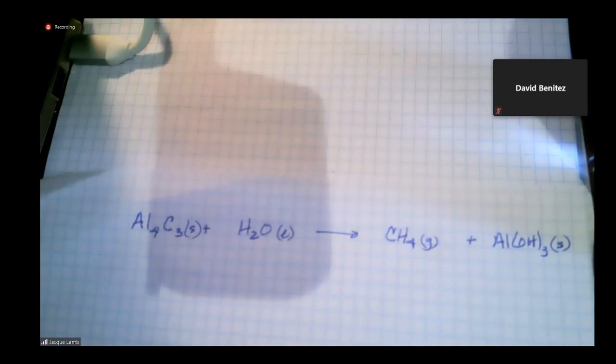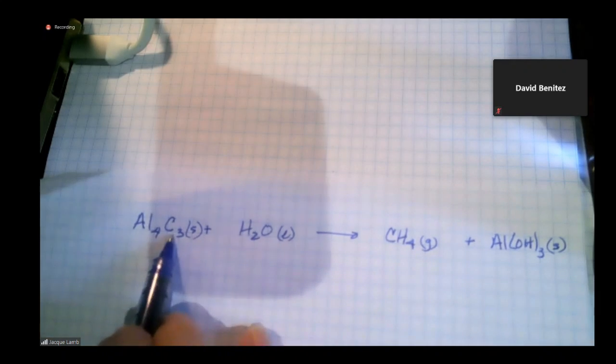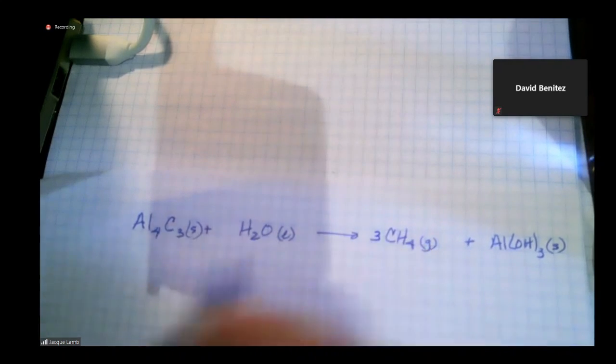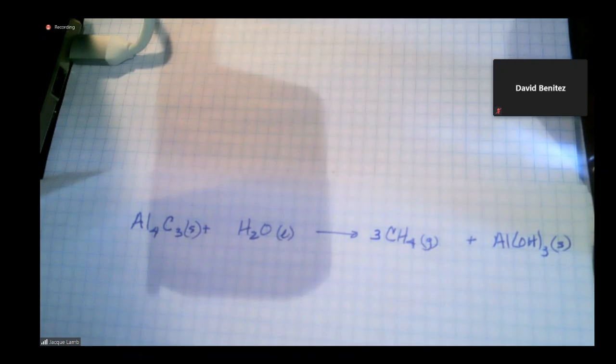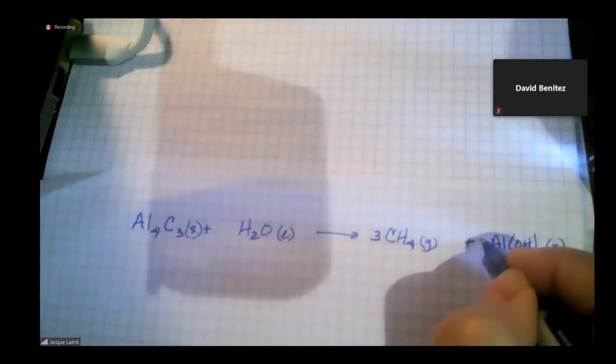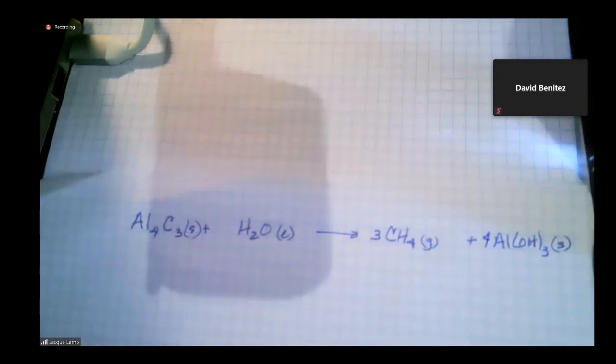Okay, so I'm going to have 3 methanes, and I have 4, so I would put a 4 in front of the aluminum hydroxide. And now let's see how that balances. We've left the oxygen and the hydrogen for the end.